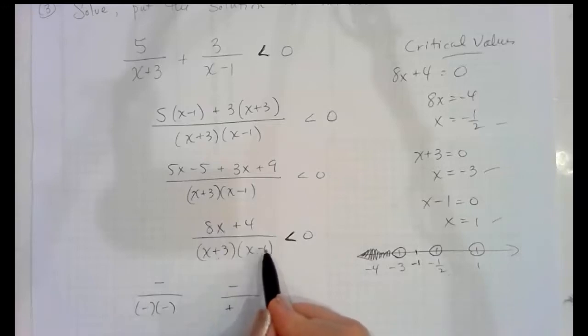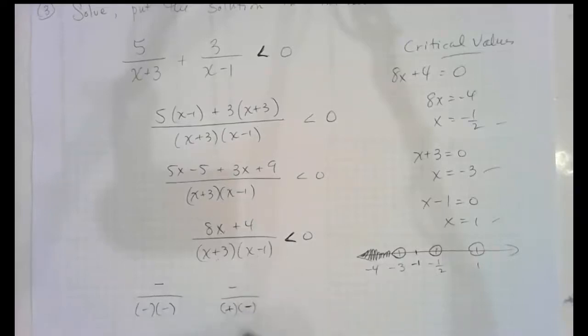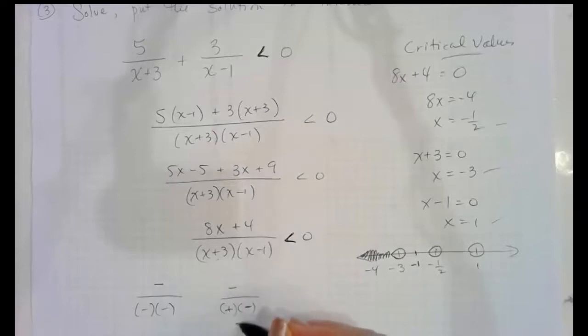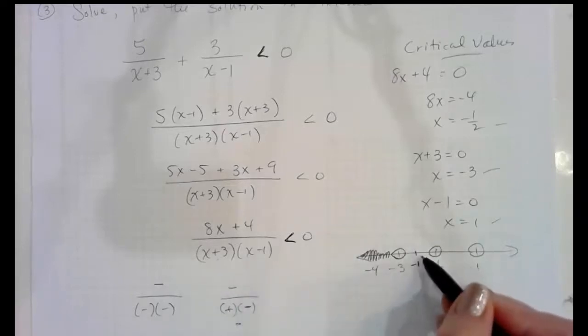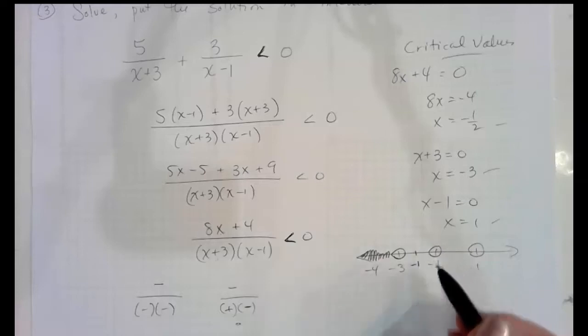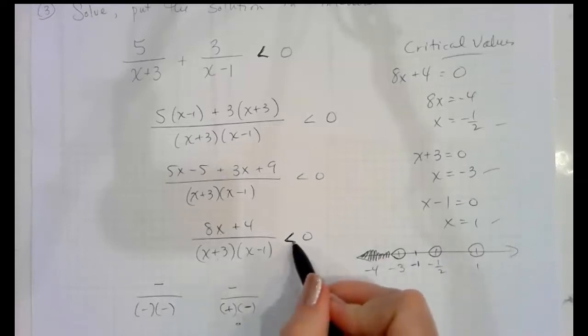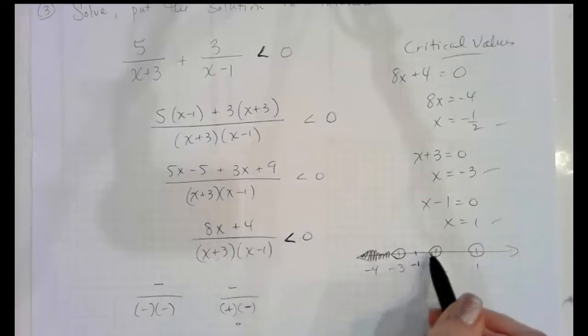Negative 1 minus 1 is negative 2. That's negative. So we end up with, remember, we're multiplying down here, so that would be negative on the bottom. A negative divided by a negative is a positive. So everything in this interval would yield a positive amount, which is not less than 0. Do not shade this interval.